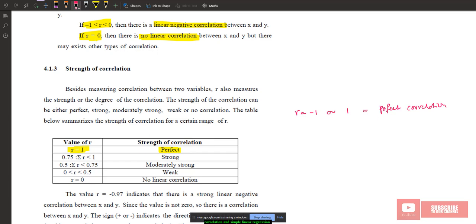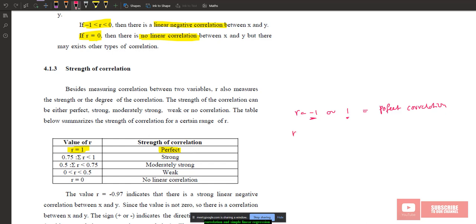When we get negative 1, perfect negative correlation. So remember again, either negative 1 or 1, we can say that it has a perfect correlation. When R is equal to 1, perfect positive correlation. When R is equal to negative 1, perfect negative correlation.